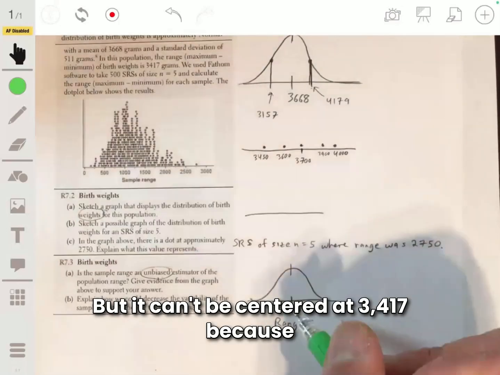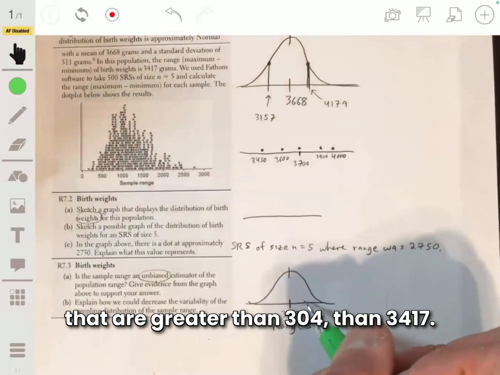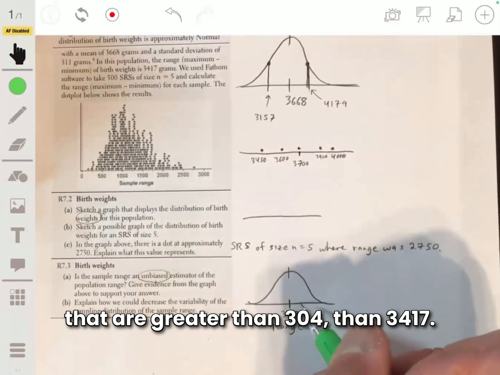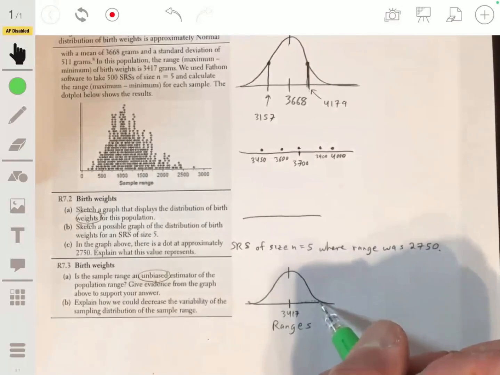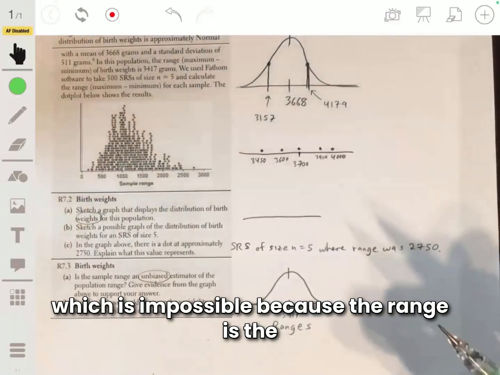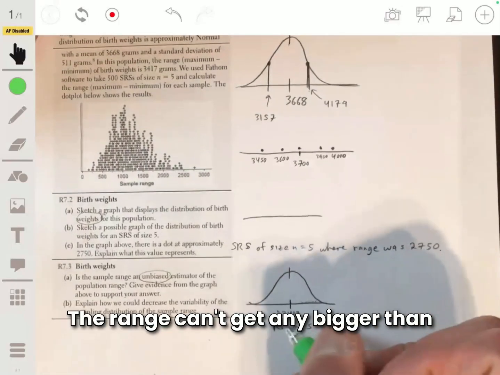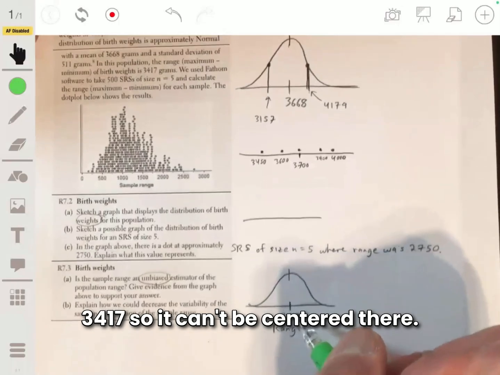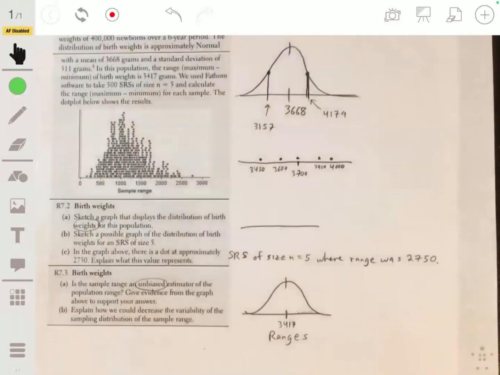But it can't be centered at 3,417, because that means there would have to be ranges that are greater than 3,417. There have to be some ranges over here, which is impossible because the range is the maximum value minus the minimum value. The range can't get any bigger than 3,417. So it can't be centered there.